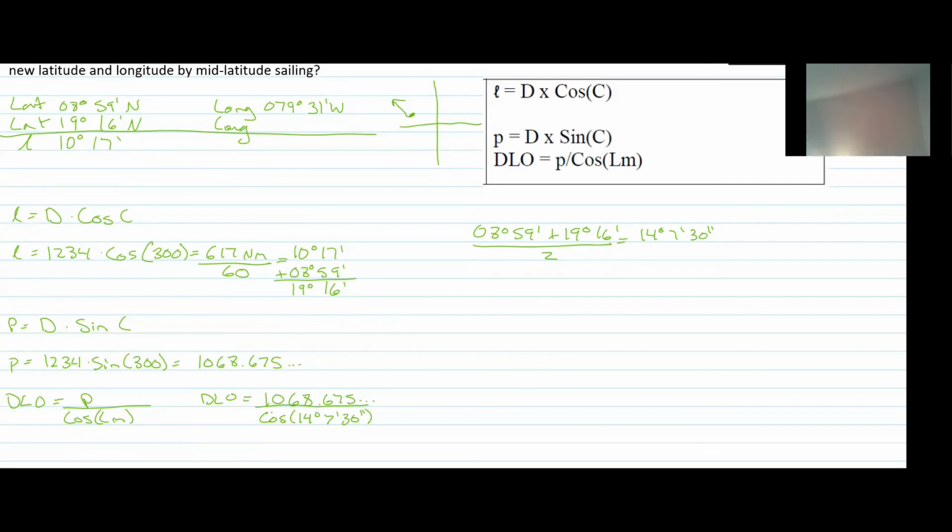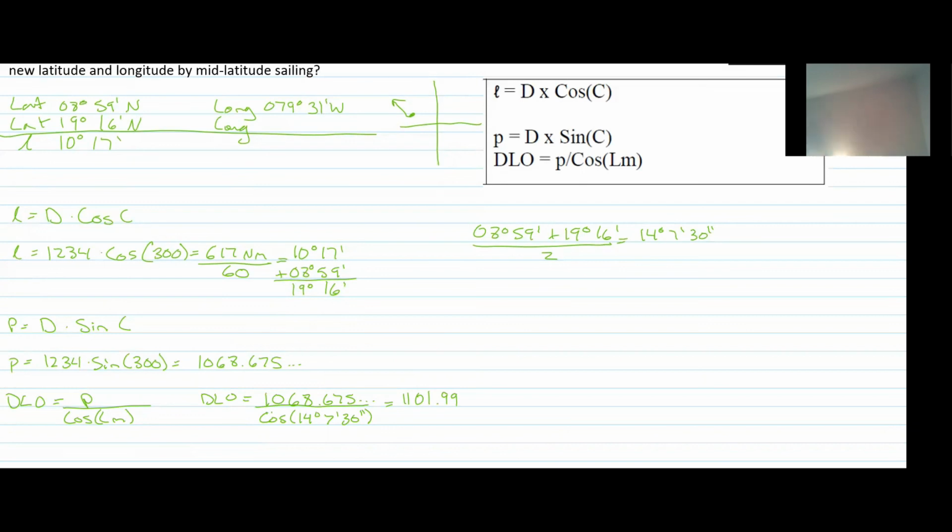This equals 1101.99. This is in nautical miles. Still, you will need to convert it into degrees. What is the best way to do that?